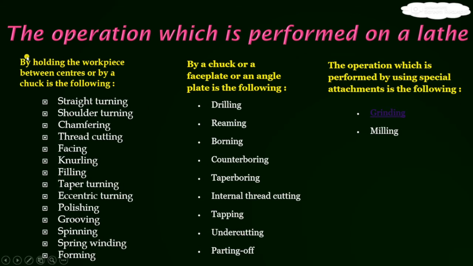And for that the workpiece holding device is not always a three jaw chuck, rather various types of holding devices are used. One of those is the faceplate. For very irregular shapes of the job, the faceplates are used. And as I have told you, though all these operations can be done, straight turning, the thread cutting, the facing, knurling, means these cylindrical operations are more suitable for the lathe operation.